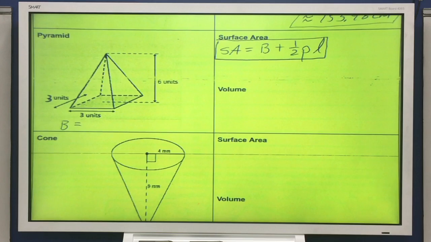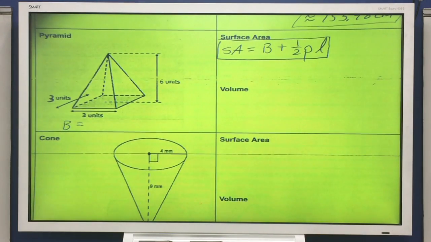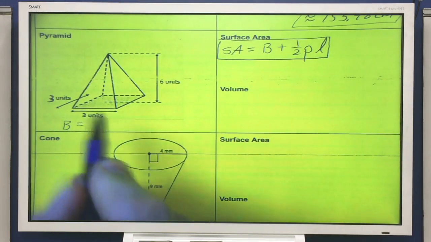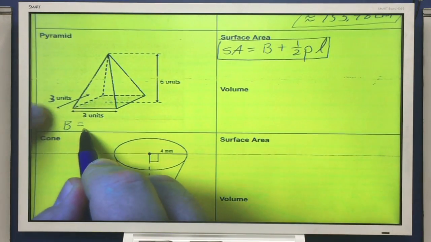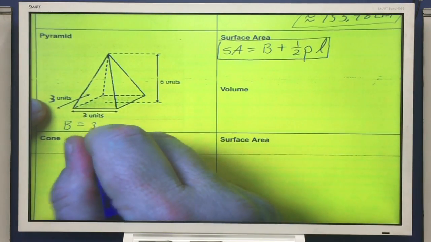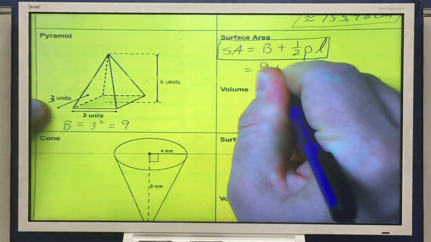It makes our math a lot easier. So the area of my base is just 3 times 3, 3 squared, which is 9. So far I'm good. It's just 9.